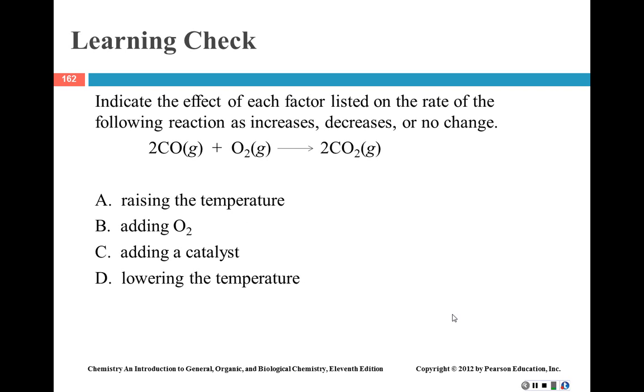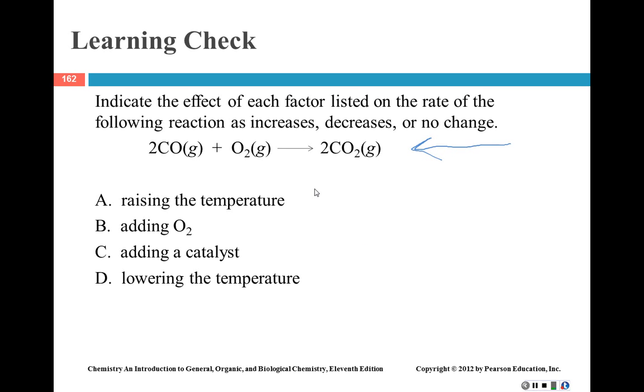And this is a specific reaction that they want you to look at and decide if doing these things down here, A, B, C, and D, are going to affect this reaction by raising the temperature, adding oxygen, adding a catalyst, or lowering the temperature. So what effect do you think that it would have? Increase, decrease, or no change?